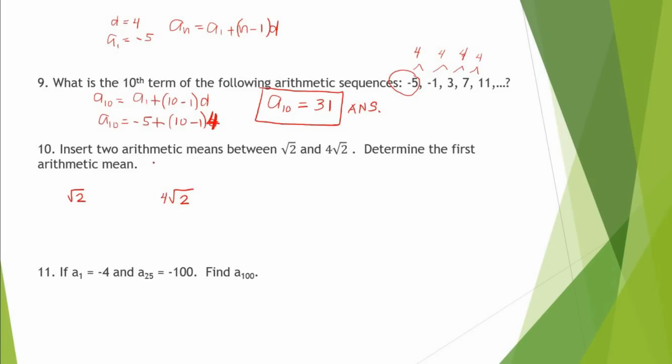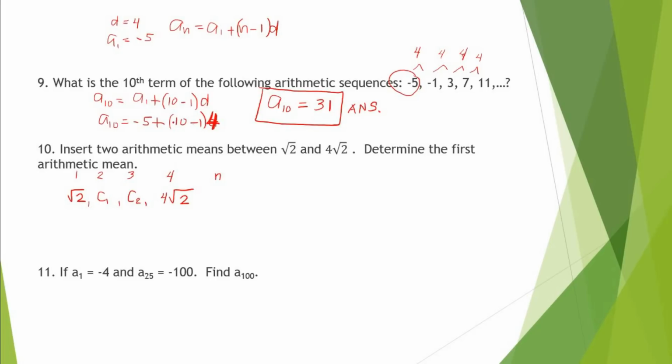And we are required to insert 2 arithmetic means. We may insert these 2 arithmetic means C1 and C2. And to determine our number of terms, this is our first term, second term, third term, and our fourth term.